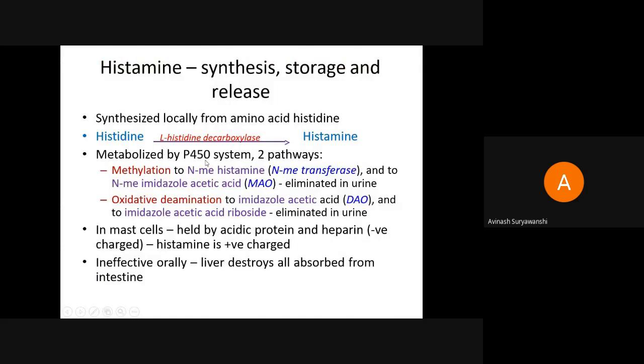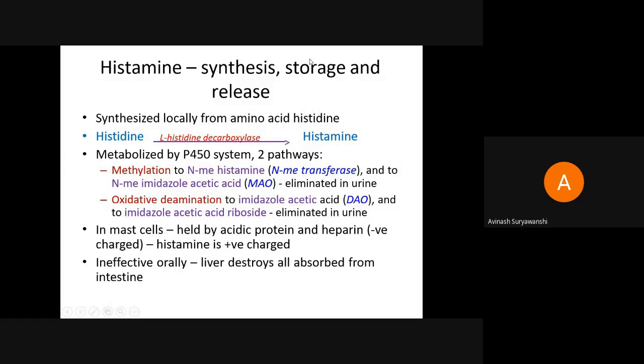You can see here, these are metabolized by the cytochrome P450 system. Mostly these two enzymes, N-methyltransferase as well as diamine oxidase. After that it gets eliminated in the urine. Two types of reaction occur: one is methylation, and the second is oxidative deamination, by which it gets converted into imidazole acetic acid and is removed from our body in the urine. Okay, so this is about synthesis and how it gets metabolized.